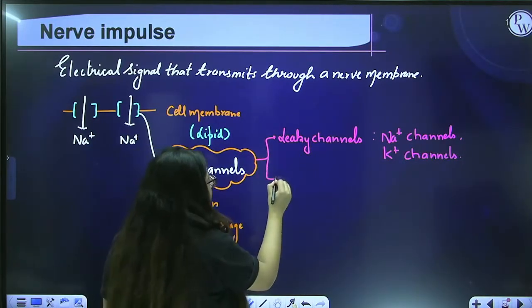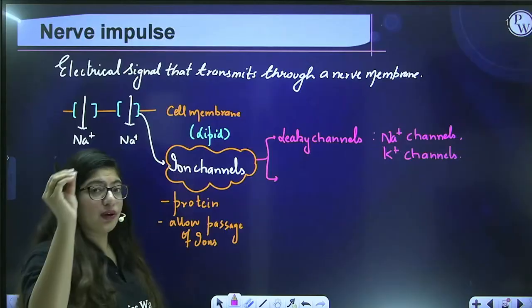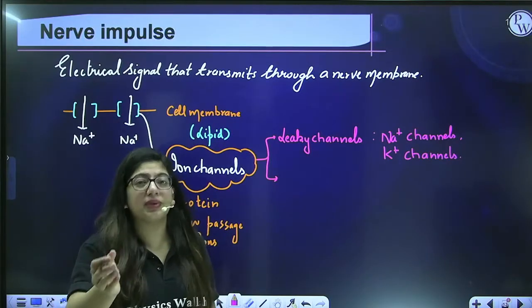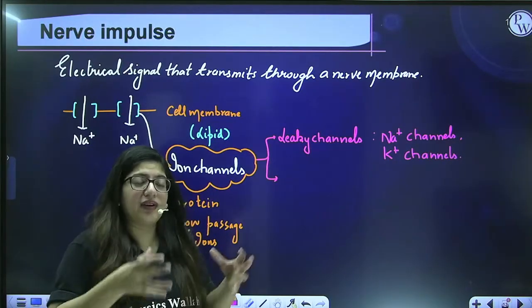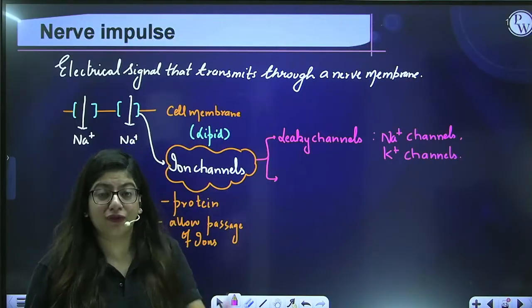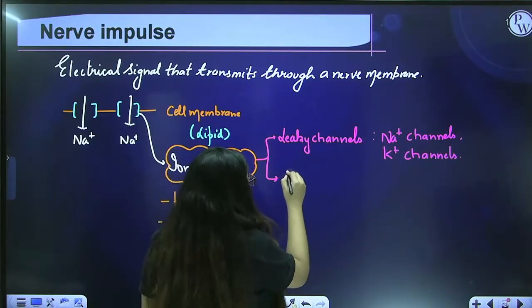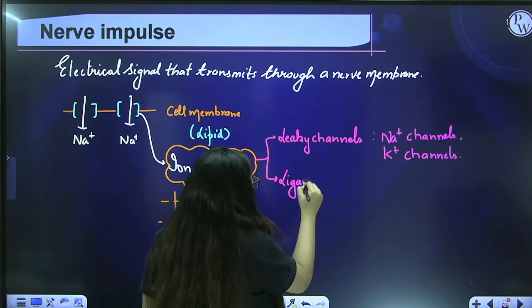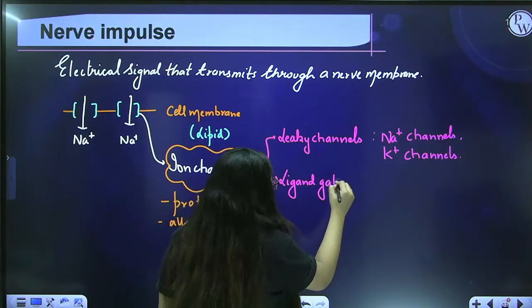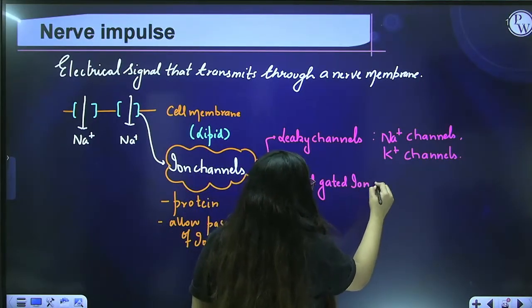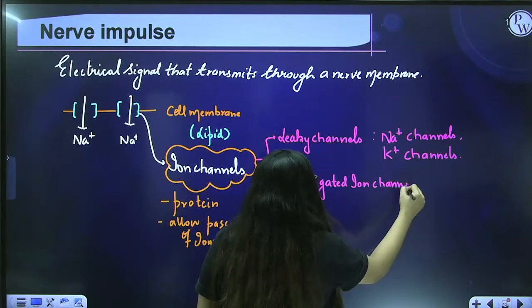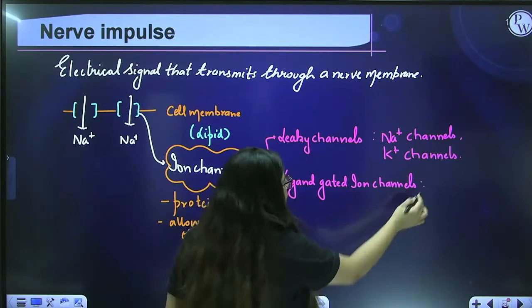Then we have certain channels which only open and close according to the stimulus. If that thing comes, only then they will open. For example, there are ligand gated ion channels. Ligand gated ion channels need certain chemicals that will open them.